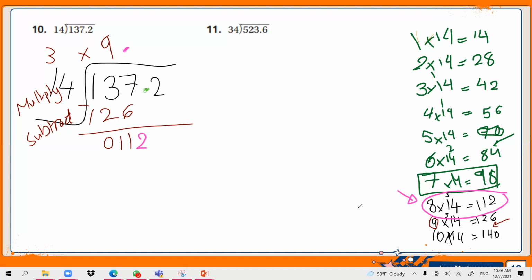Here, from the multiplication table of 14, what's the number that you multiply by 14 to get 112? 8, bravo, so you are right, 8 up. 8 times 4, 32. 8 times 1 plus 3, 11.